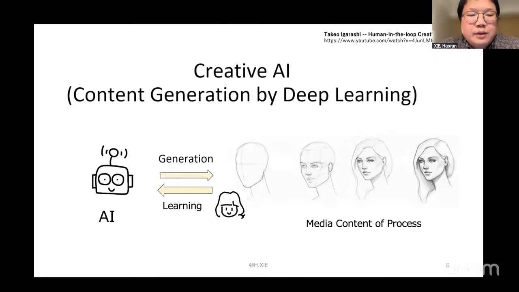So here my thought about creative AI is that AI should learn from people, especially from experts. The AI should know how people make things, make images, make fabrications, make any content.